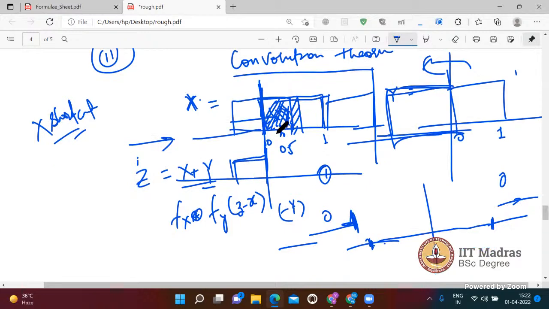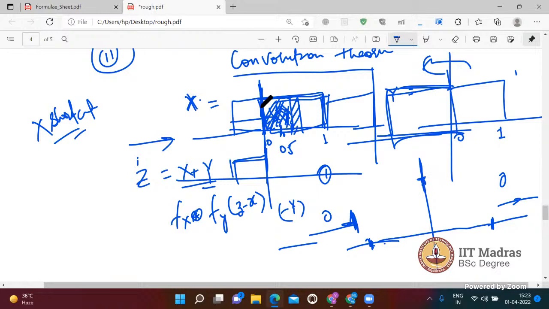Whenever there is a total overlap, the area will be maximum, so there will be some peak point. Whenever the overlap is lesser, the area will be lesser.